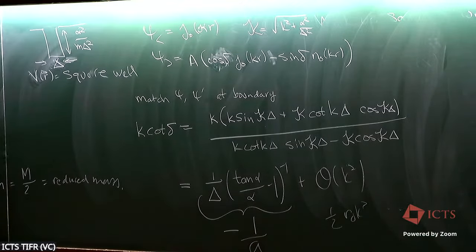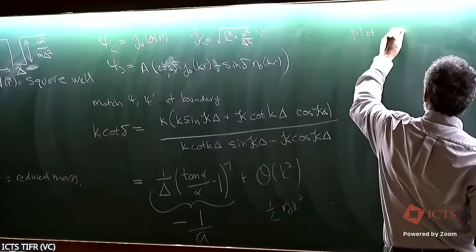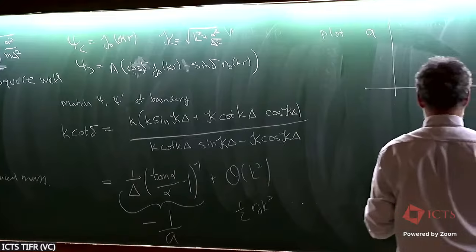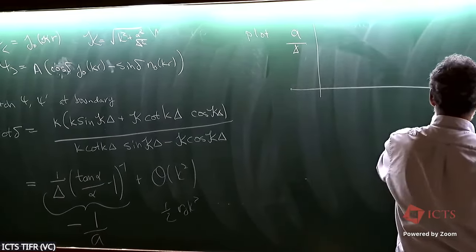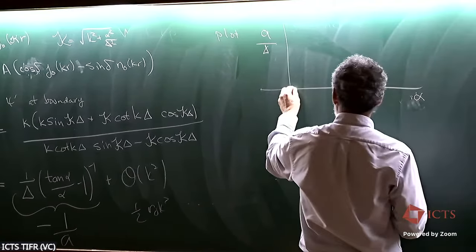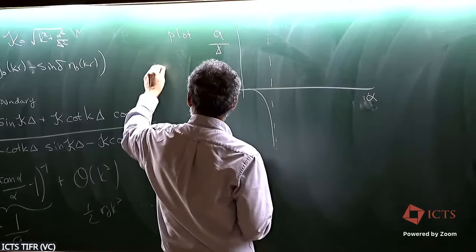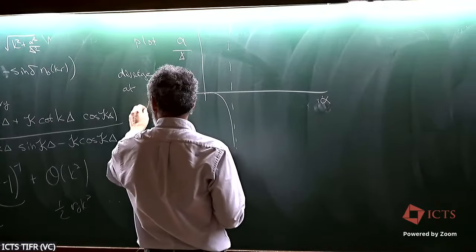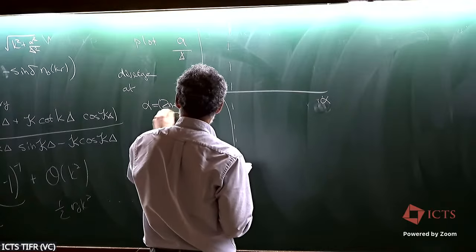So then you can plot this scattering length, a over delta, versus alpha, and it diverges at alpha equal to an odd number of pi halves.